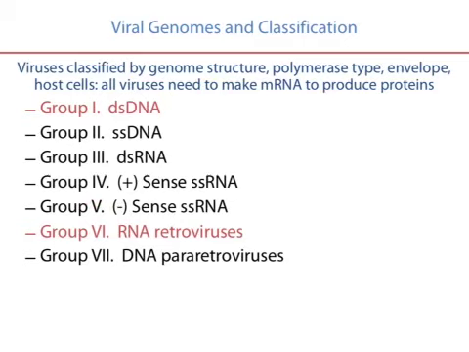Now what I have listed all of these other groups for is not for you to go and memorize them. I'm certainly not going to ask what type of virus is a group 3 virus, but the reason that I'm putting this down is I want you to get the sense that there are all sorts of different types of viruses and that they each have different mechanisms that facilitate the viral life cycle.